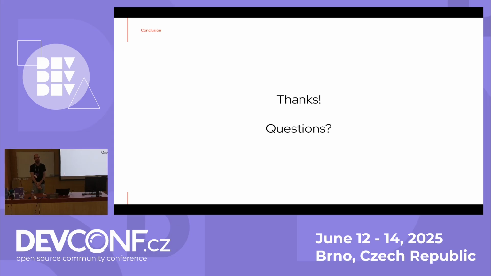Any question? So my question is about what Retis needs to use all these SKB and OVS tracing features.